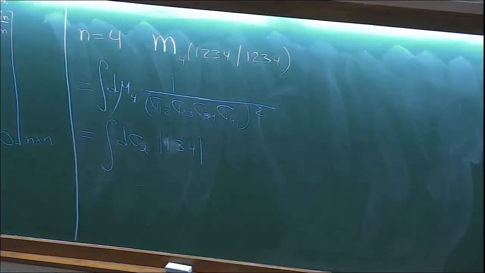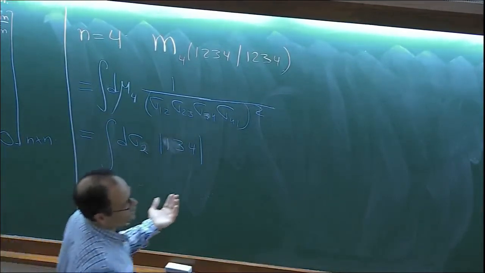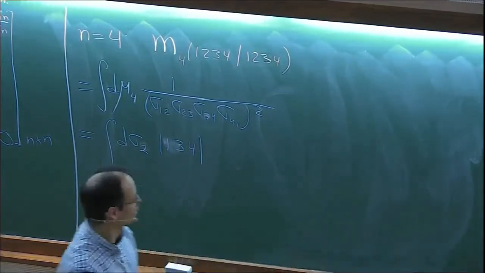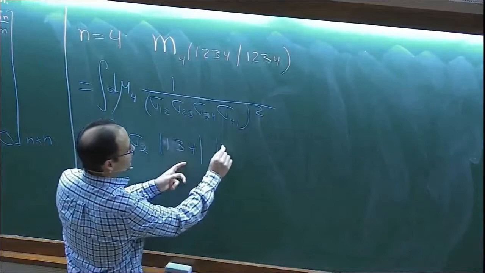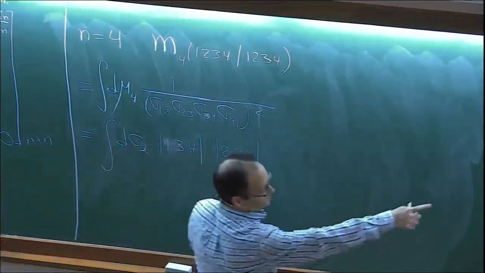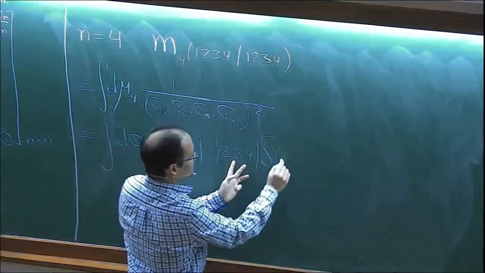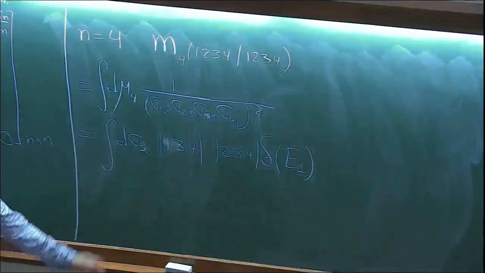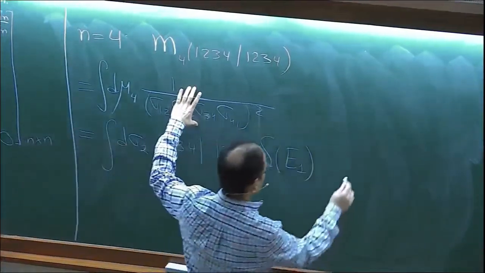If you remember yesterday, we chose one of the 4 scattering equations to be the one we were going to solve. If you look in your notes, we made the choice of E1, the first of the 4 scattering equations. So I'm going to remove the other 3. By removing the other 3, I produce this Vandermonde determinant, and I get just the delta of the scattering equation E1, together with the integrand.